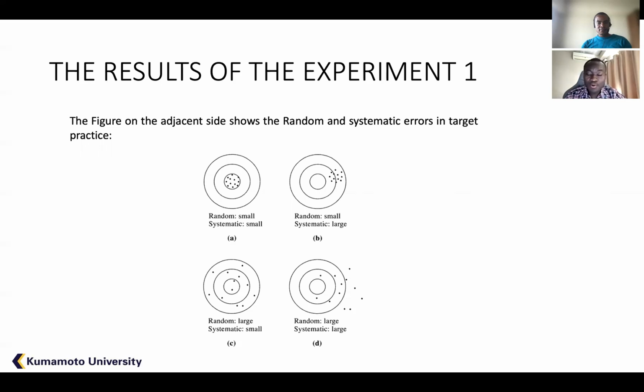When random errors are small and systematic errors are large, our values are still grouped, but not centered around the true value. In C, we see large random errors and small systematic errors, leading to a scattering of our values, but centered around the true value. And then in D, where there are large random errors and large systematic errors, the values are not grouped around the true value and also scattered.